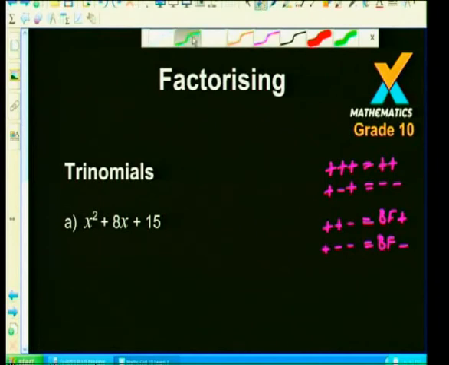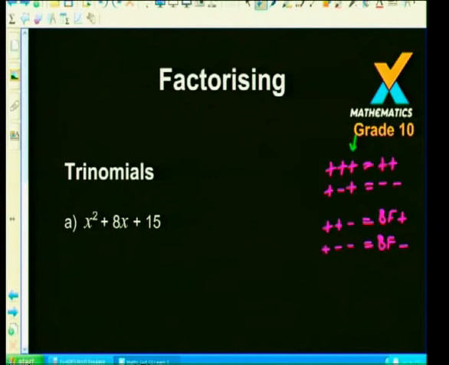The other thing is that I'm looking for the sum of factors to give me the middle term, and here, the difference of factors to give me the middle term. If we remember that, we know what our answer is going to look like, and we can set up our brackets before we even worry about resolving the bits into its factors.